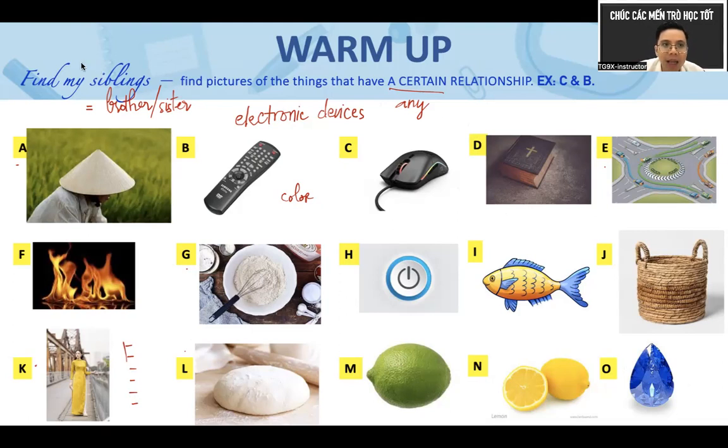F, I see that this is a fire. Fire, sapphire. And F is fire. Yes, fire. So, see, anh Tùng, the sounds are the same. Yeah, right. Now your turn, anh Tùng.